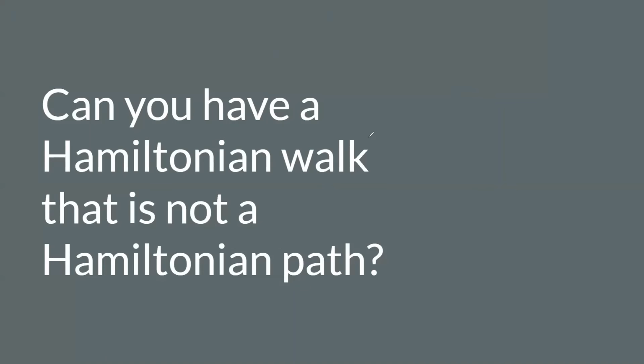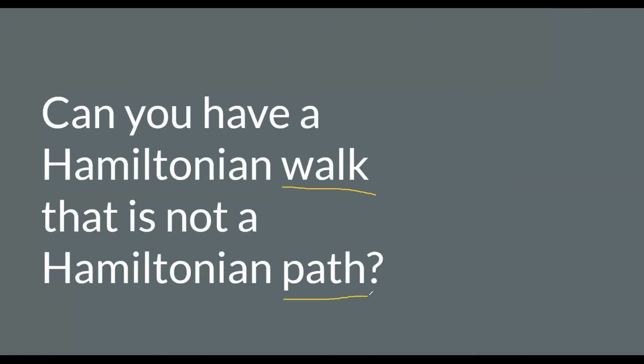Walk and path, they sound kind of similar, but they're different. So remember, a walk is just any kind of way of traversing along a graph. There's not really many restrictions. A path has a restriction that it cannot visit a single vertex more than once.